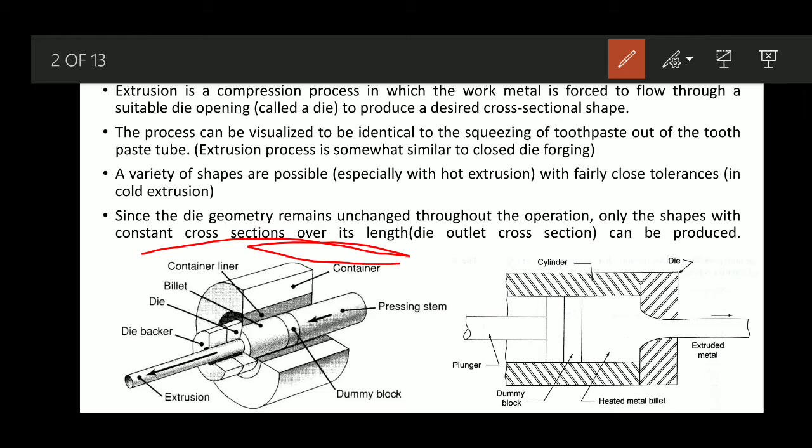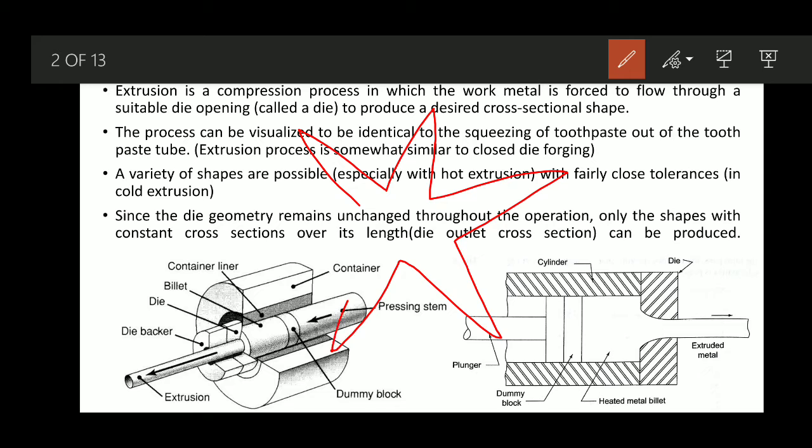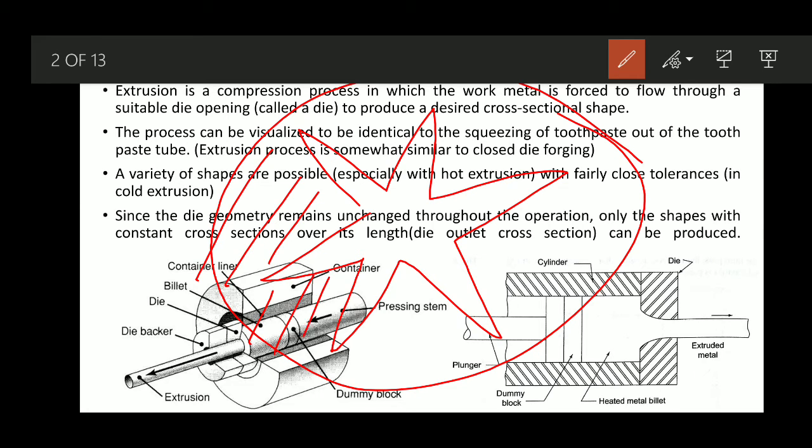That cross section is nothing but the die outlet cross section. Whatever the die outlet cross section or die opening is, that kind of cross section only we are going to get on the product. Suppose you need a star shape product, with a star-like shape over the length. In that case, the die opening should be the star shape.